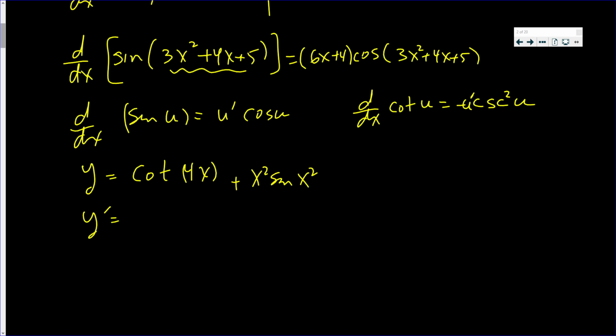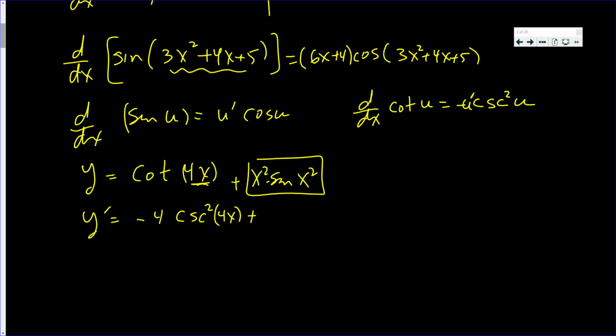So y prime, the derivative, is negative the derivative of the angle times cosecant squared of the angle, which is 4x. Plus the derivative of that.